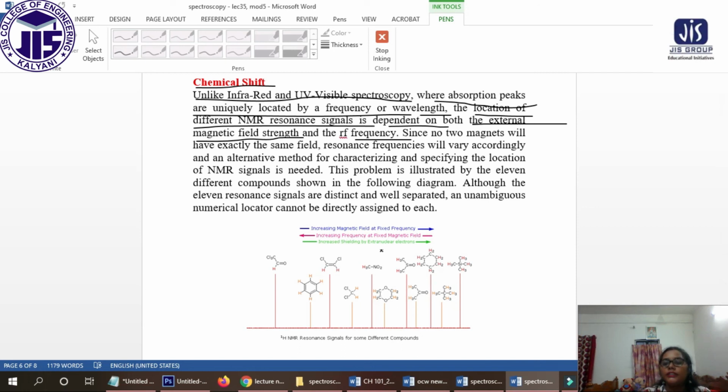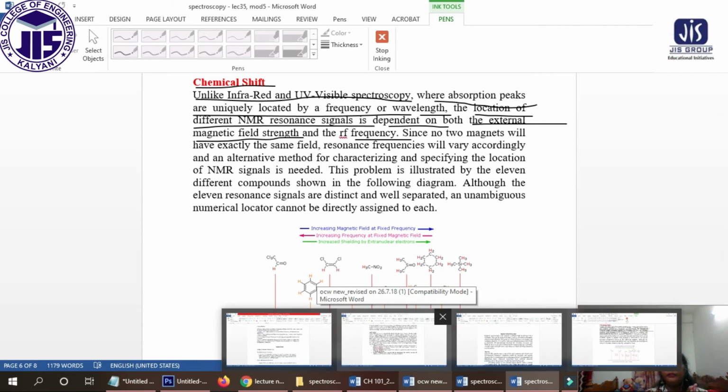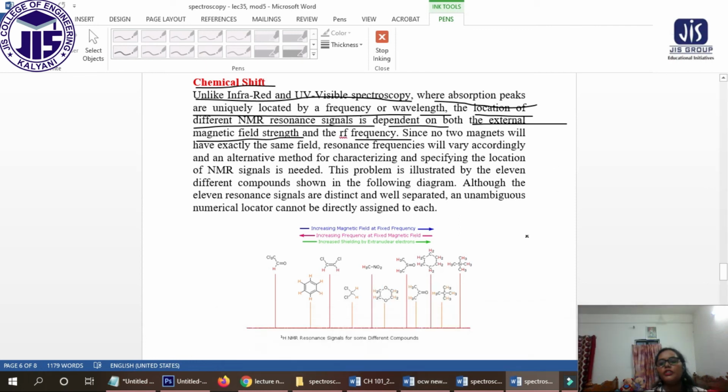If we go towards the right side, that will be the order of increasing shielding effect of the extranuclear electrons.